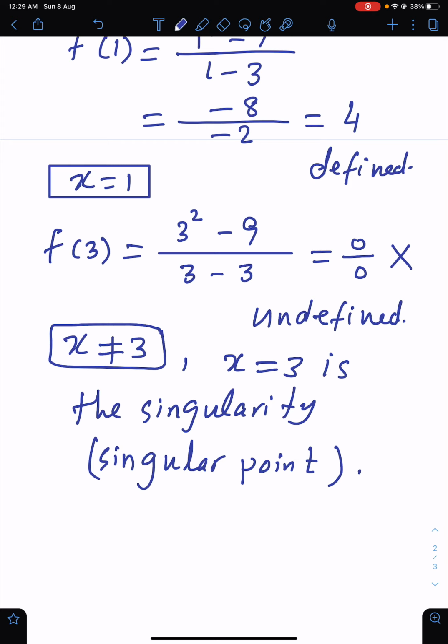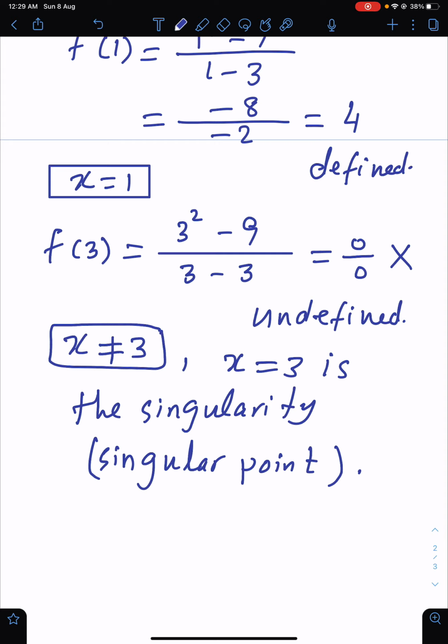This means that when x equals 3, the denominator goes to 0 and makes the function undefined. But here, not only the denominator, but even the numerator goes to 0. Therefore, we're going to get 0 divided by 0.